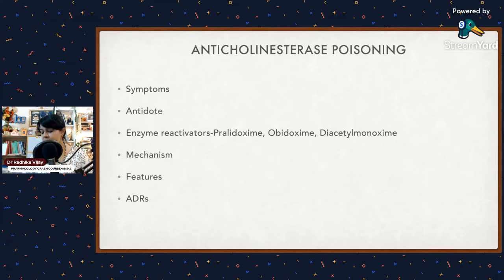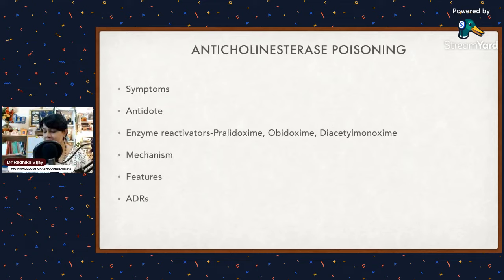The organophosphates only bind to the esteratic site, but carbamates bind to both the anionic site and the esteratic site. That is one reason that we don't give oximes in carbamate poisoning. Another reason, oximes themselves possess an acetylcholinesterase inhibitory action. So for the same reason, they are not useful in carbamate poisoning.